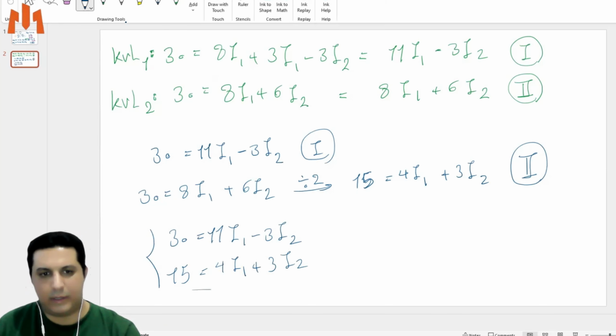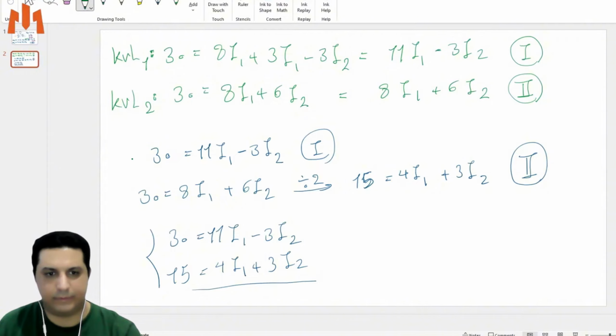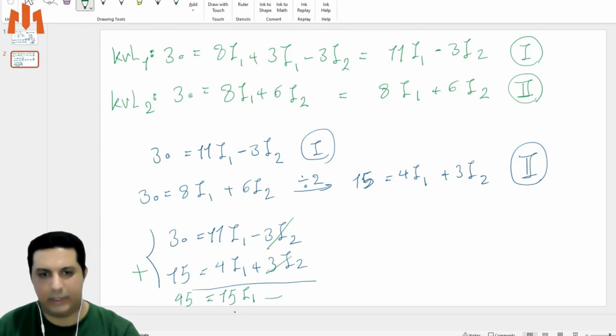It is very clear if we add them together. These two cancel, nothing. Here 45 equals 15 I1, so I1 is 45 divided by 15. It is 3 ampere.